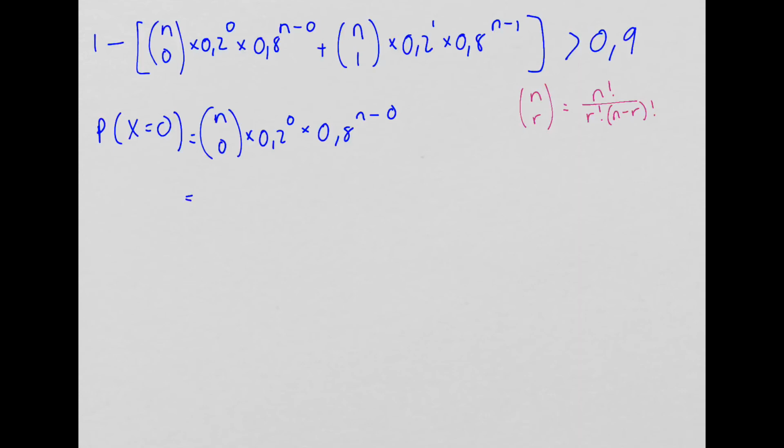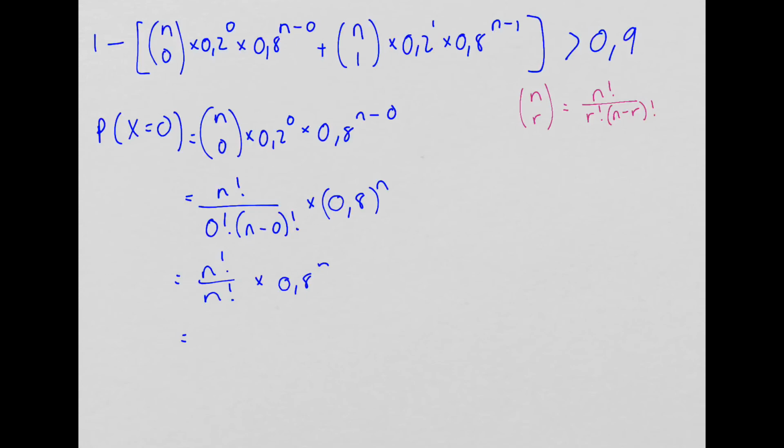Expanding that with our combinations formula, we get n factorial over 0 factorial times n minus 0 factorial times 0.8 to the power of n, remember, because 0.2 to the power of 0 is simply 1. We can simplify that further to n factorial over n factorial times 0.8 to the n. This equals 1, so we're left with 0.8 to the power of n.